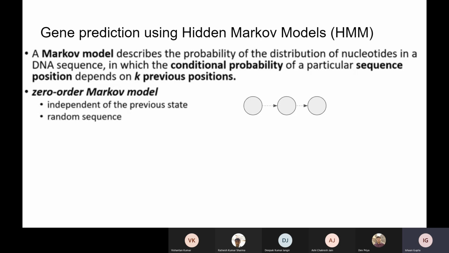So if you were to take all the A's, all the G's, all the T's, and all the C's in the genome, and estimate the Markov zero order probabilities, they would just be probabilities for finding an A in the given genome. All right, is this clear?